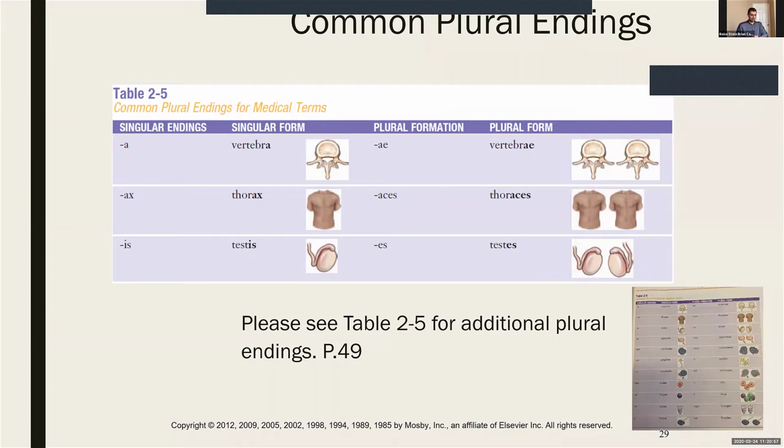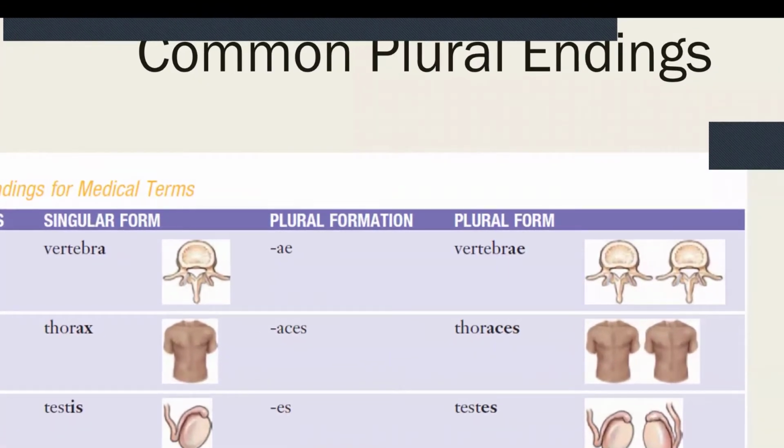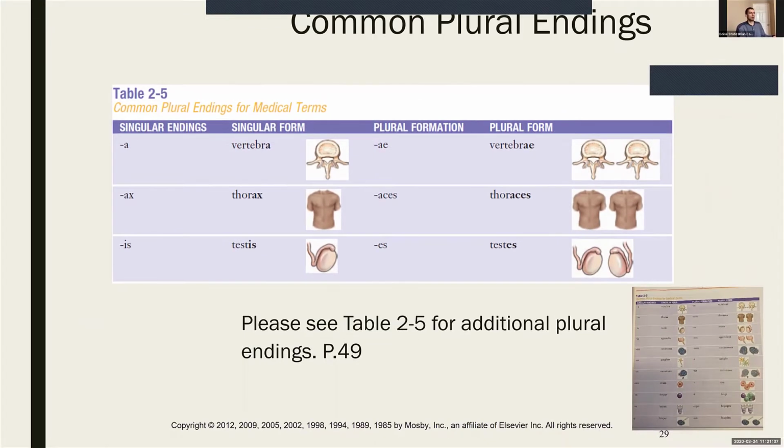Okay, so we're just about to the end here, looking at common plural endings. Again, not built from Greek or Latin, but we see the endings like a, ax, is, es, aces, like thoraces. There's more of those on page 49 of your text.